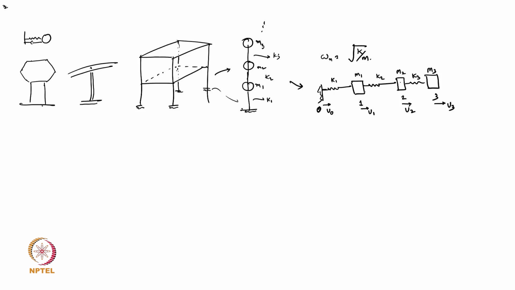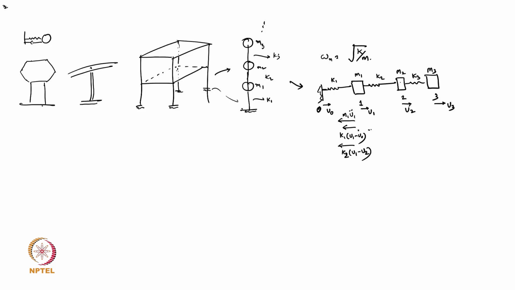Now suppose I try to see what happens with the M1 mass, what the forces acting on the M1 mass should be. If we are displacing the M1 mass by U1, then this spring will give the force K1 into U1 minus U0, this spring will give a force K2 into U1 minus U2, and this mass will have its inertia M1 into U1 double dot.